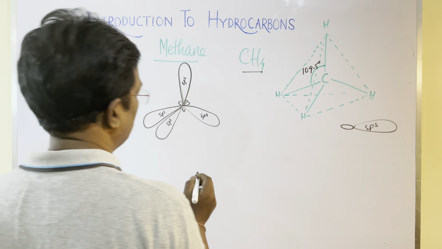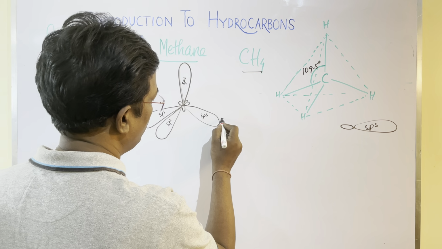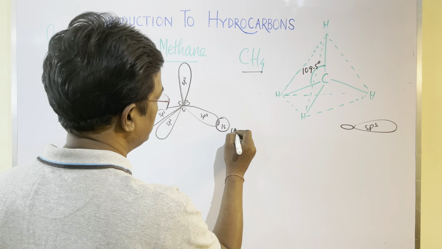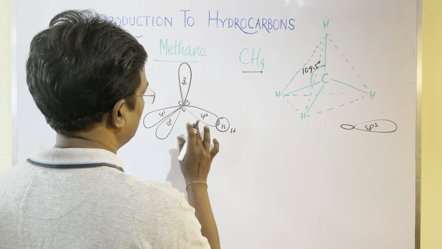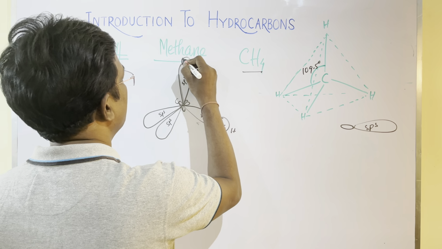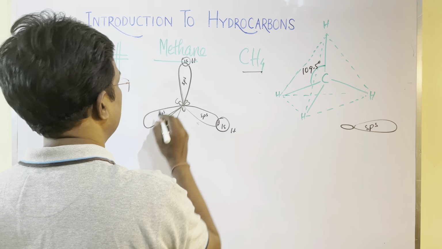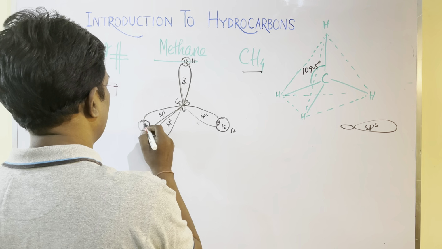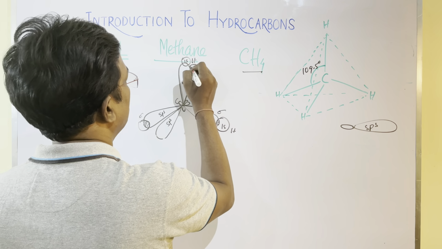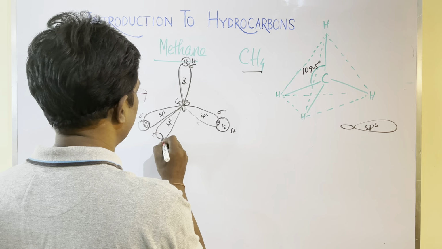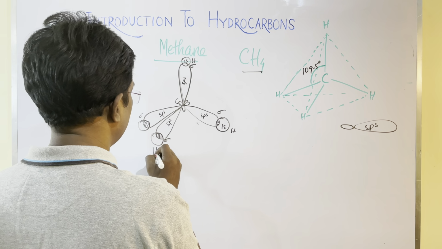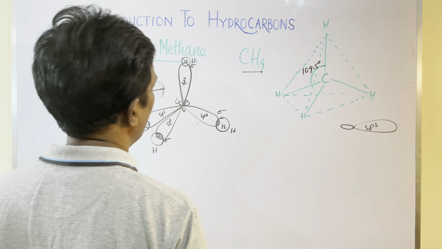These 4 sp3 orbitals each overlap with the 1s orbital of hydrogen. This is carbon at the center, and this is also the 1s of another hydrogen, forming a sigma bond here. Direct overlapping is happening here, a very strong bond, these sigma bonds, and this is H, this is H.